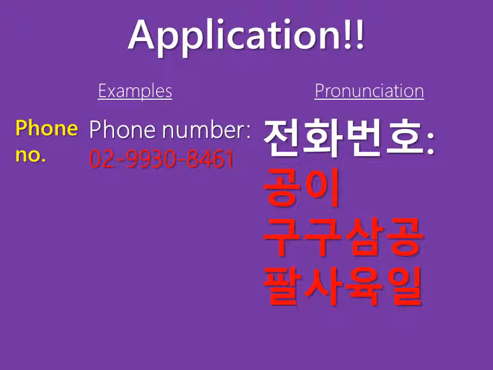And then phone number. Usually a Korean house phone in Seoul starts with 02. So it will be 02 99308461 or something like that. A phone number is 전화번호. 0299308461. Something like that.